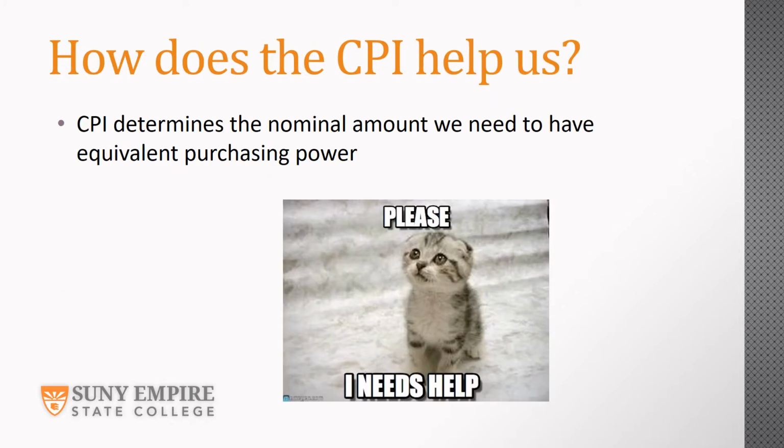How does the Consumer Price Index help us? Again, it is an example of the real nominal principle, so it eliminates the effects of inflation. This allows us to compare the cost of living, or any cost, over time. This allows us to determine what nominal amount results in equal purchasing power.